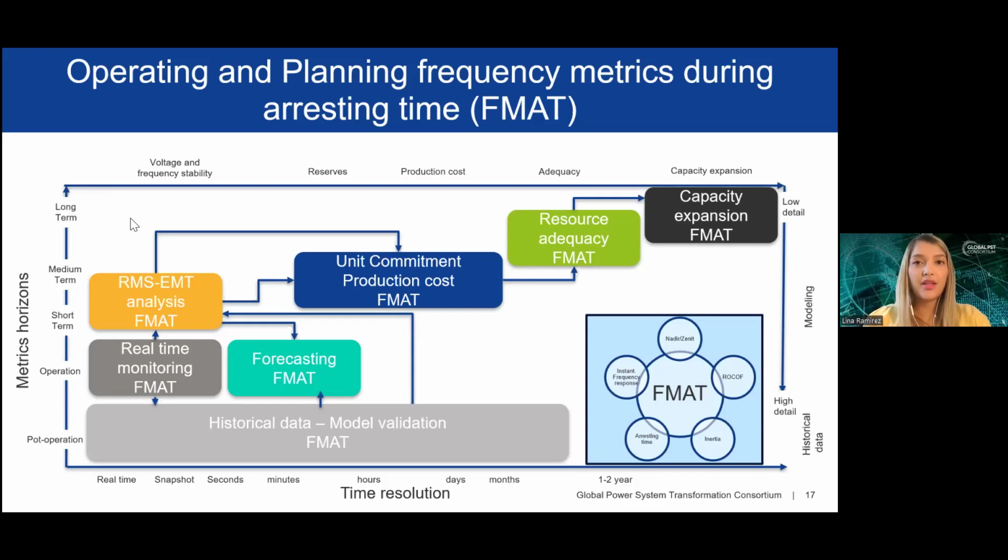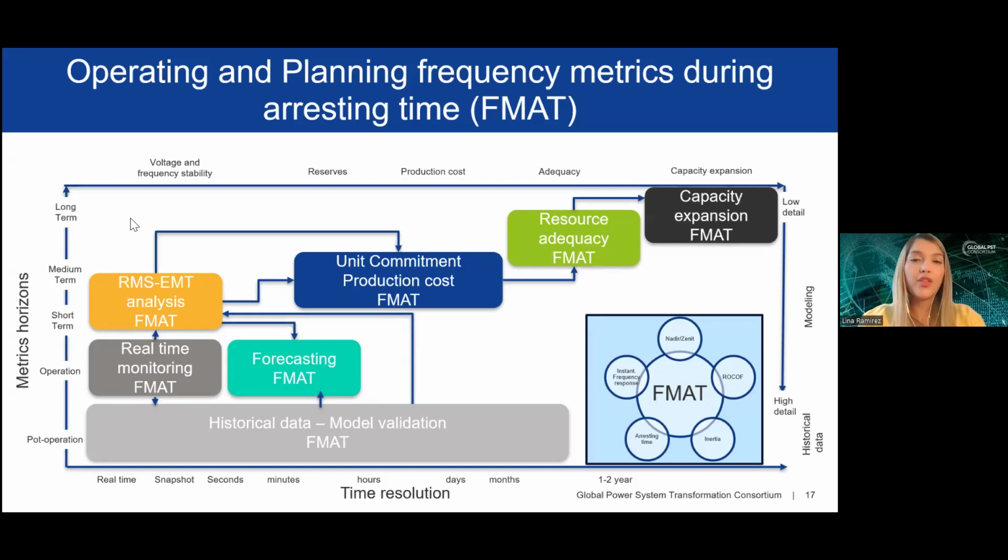We need to track the metrics that we mentioned at the beginning: the nadir, zenith, drop off, inertia, resting time period, and instantaneous frequency response in the historical data, to see how those metrics performed in the past year, in the past 2 years.